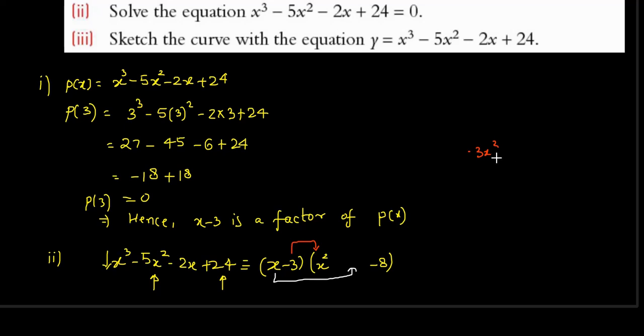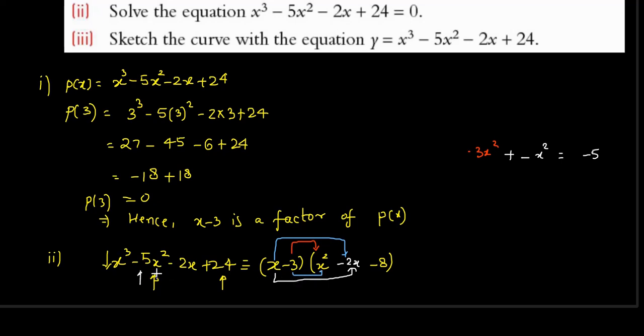Minus 3x square plus some coefficient of x square, then only you will get the total x square term, which in this case is minus 5. So I need another minus 2 in order to get minus 5x square, because minus 3x square is already here. So I need here minus 2x, so just write this minus 2x. We can check that if I multiply this x with this x, I will get minus 2x square, and when this minus 3 is multiplied by this, you will get minus 3x square, so minus 5x square.